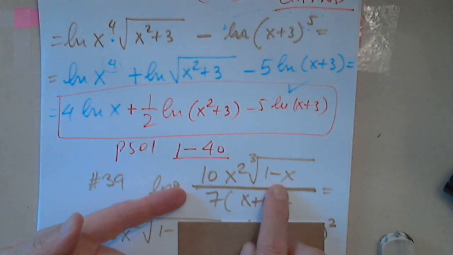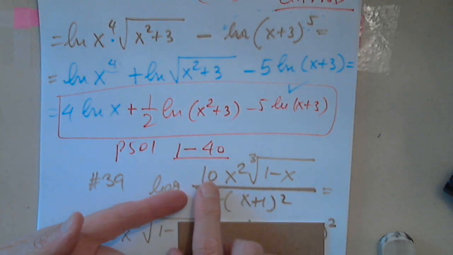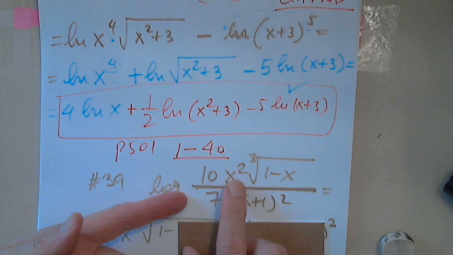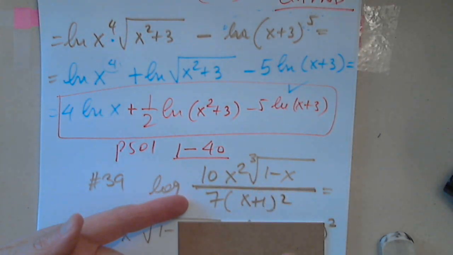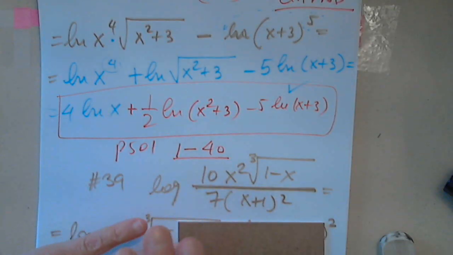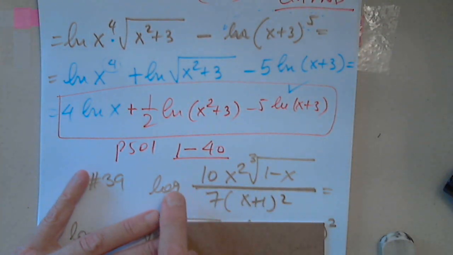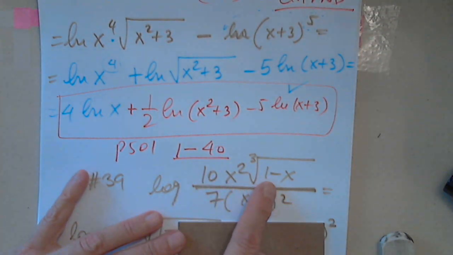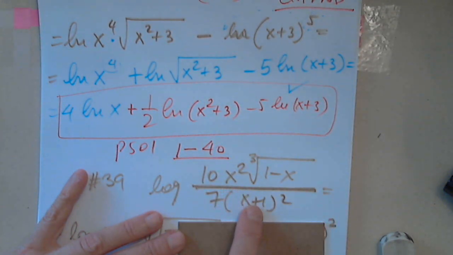How many factors do we see in the numerator? 3. I see 10, I see x squared, and I see the cube root of 1 minus x. 3 factors, agreed? So at the very end, I need to see 3 logs with positive in front and 2 logs with minus in front.